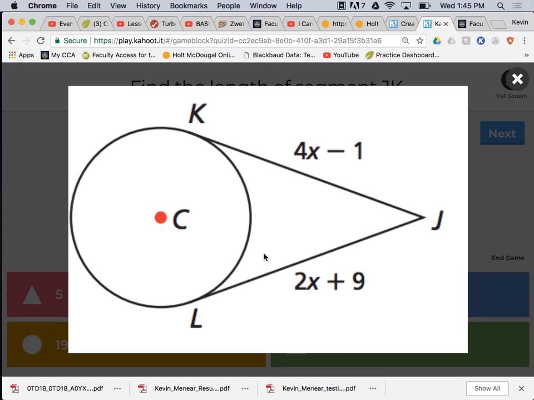I get 2x minus 1 equals 9. Add 1 to both sides. I get 2x equals 10. Divide by 2. X equals 5. Am I done? No. 4 times 5 minus 1 is 20 minus 1, which is 19, which is my final answer. Does that make sense? Any questions on that? No? All right.